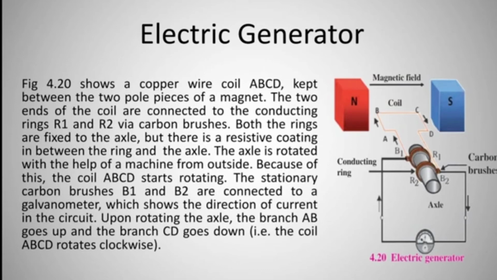Because of this, the coil ABCD starts rotating. The stationary carbon brushes B1 and B2 are connected to the galvanometer, which shows the direction of current in the circuit. Upon rotating the axle, the branch AB goes up and branch CD goes down. That is, the coil ABCD rotates clockwise.